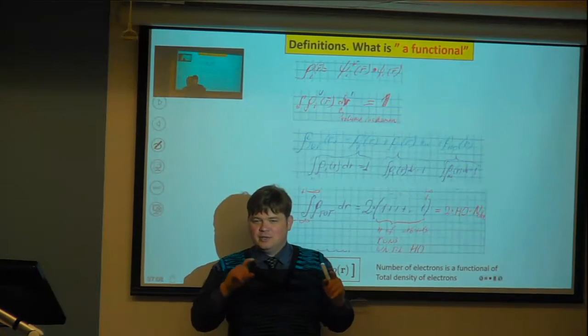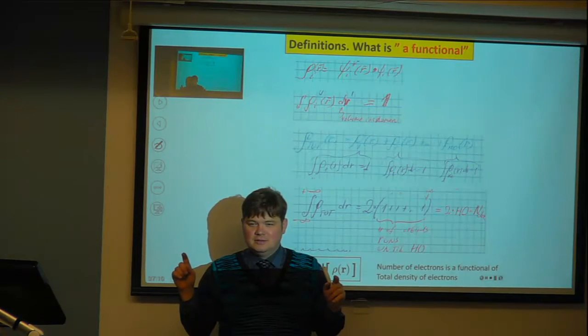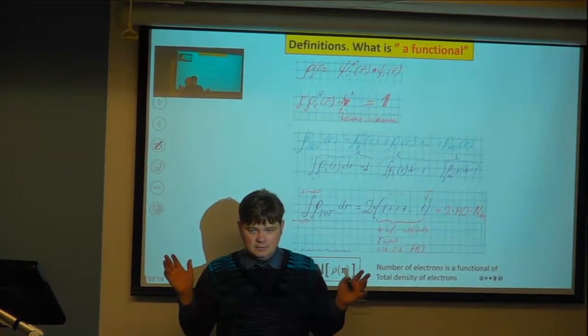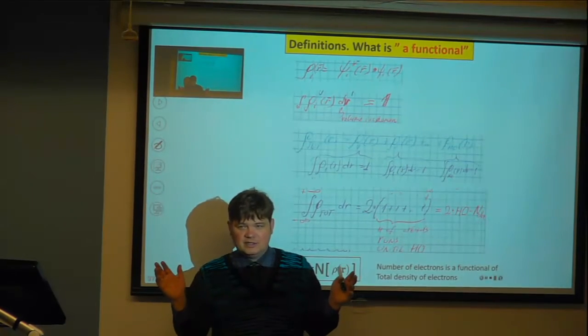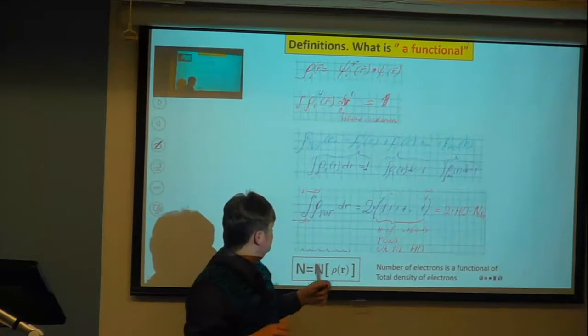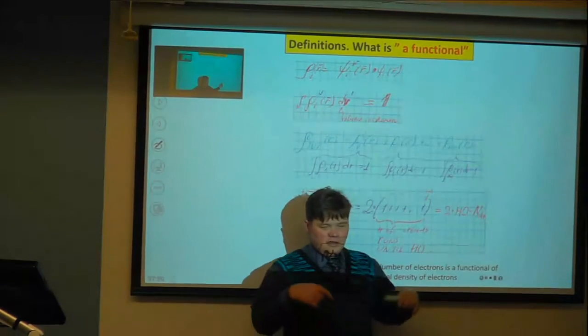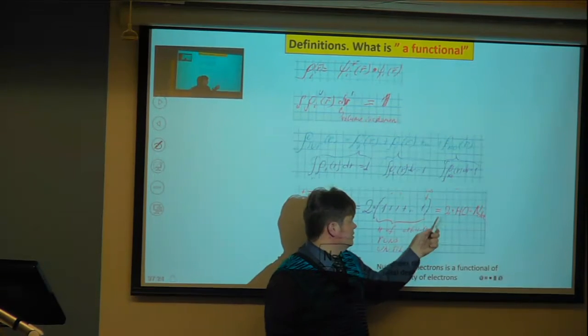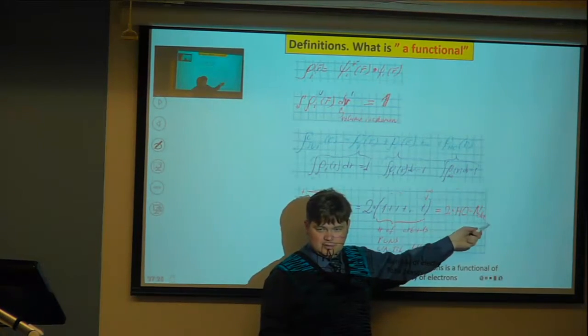You get 1 plus 1 plus 1 plus 1, as many times as there are electrons in the system. So N? N, yes, the number of electrons. If you have a closed shell, 2 electrons, up and down, on each orbital, then it is 2 times HOMO, the number of electrons.